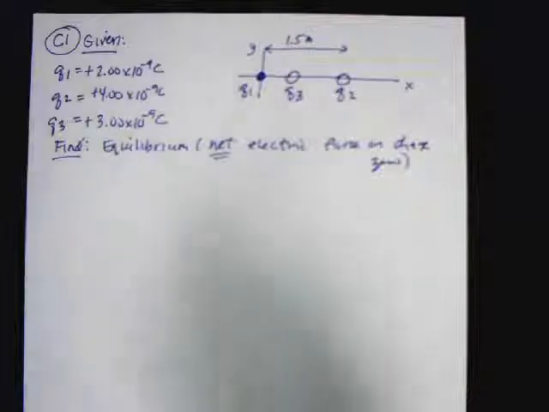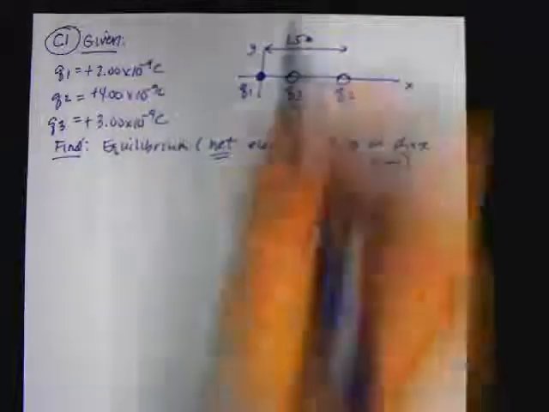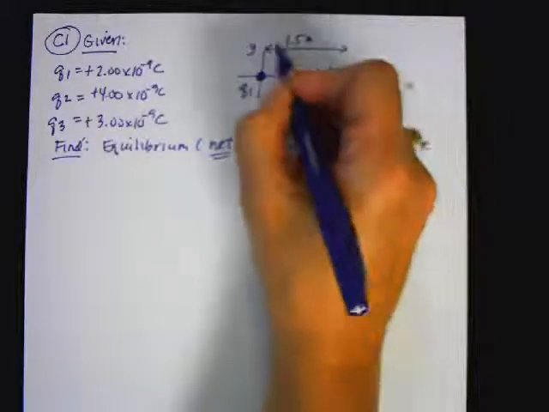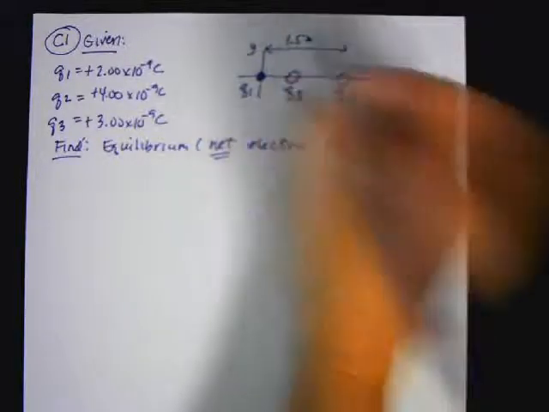Okay? So what does that mean? Well, first of all, I'm not sure where this charge is going to be, so I have to call it something. So I know that this distance is 1.5 meters.